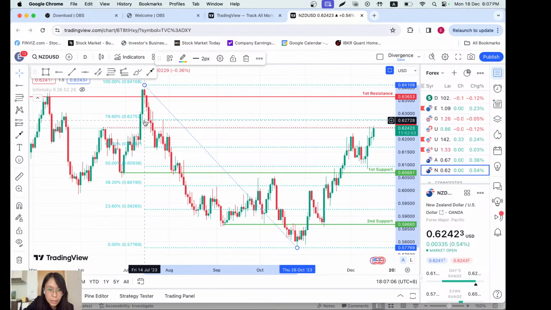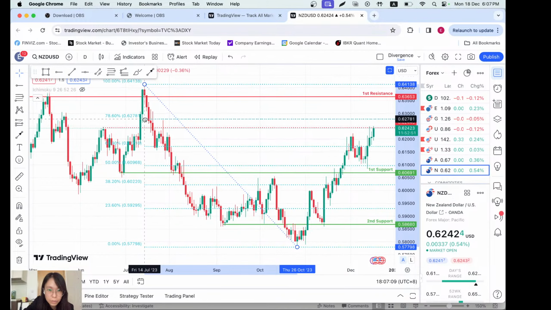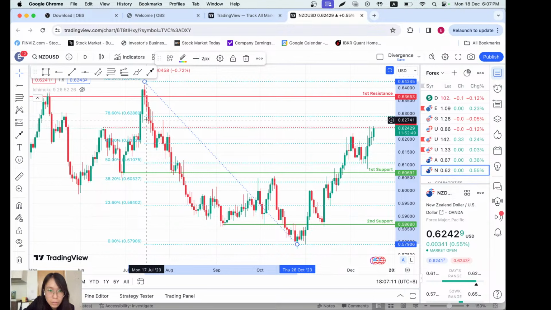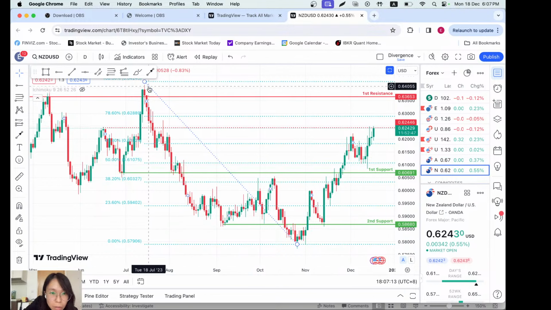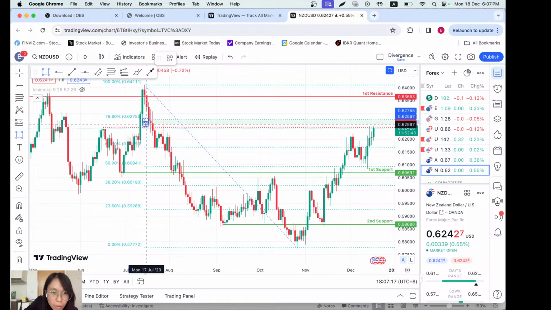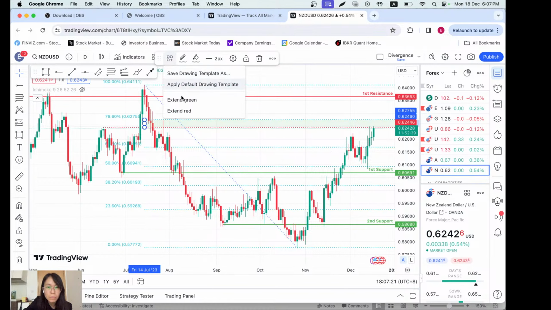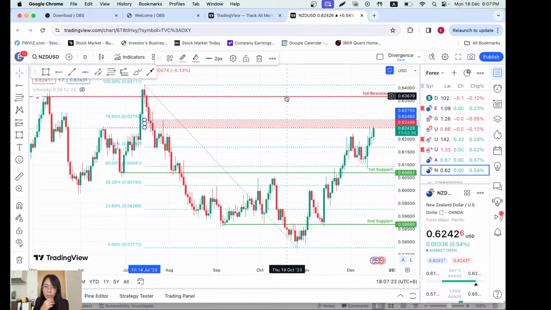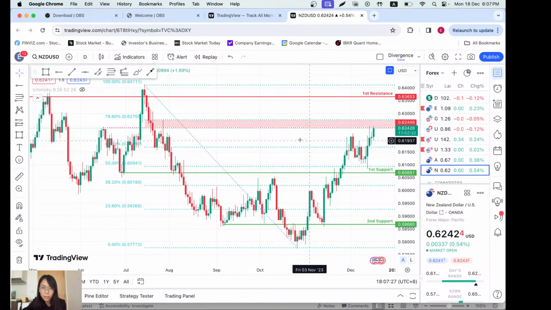So I'm going to highlight this entire area. This area has become my resistance area.